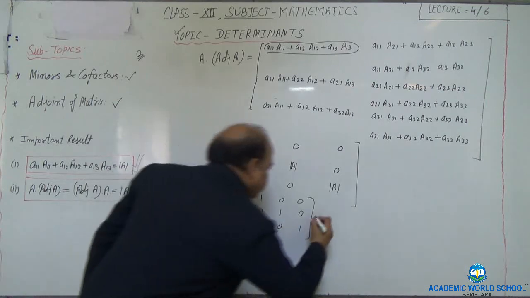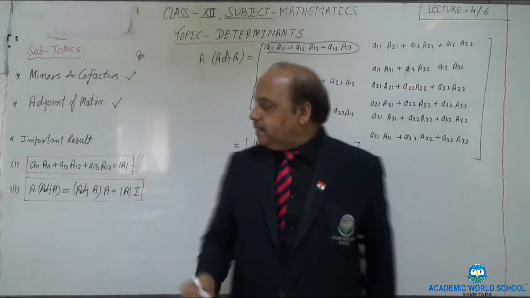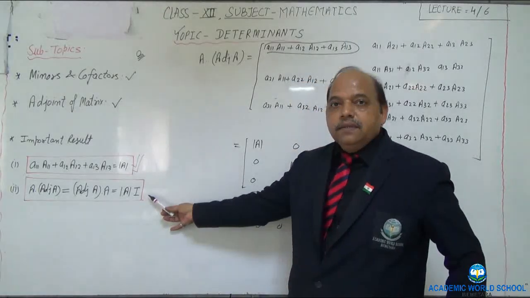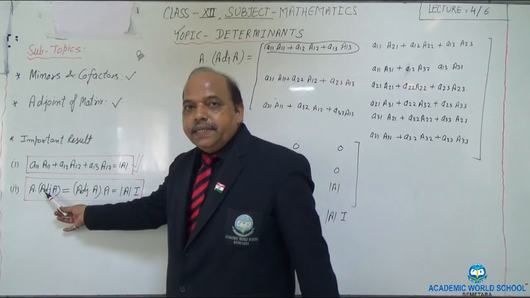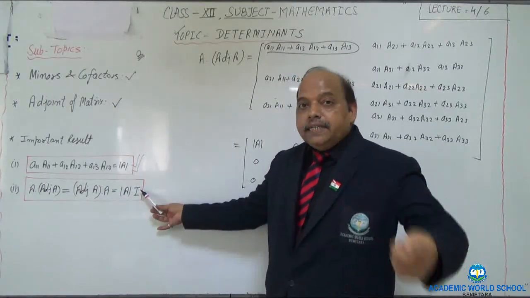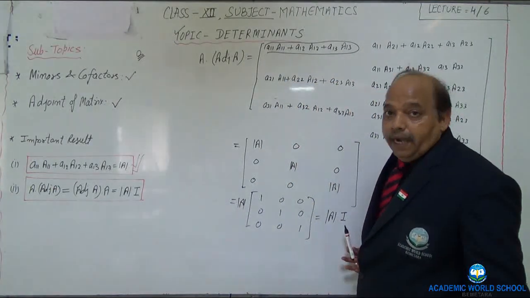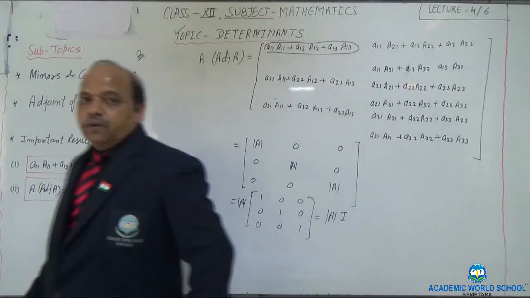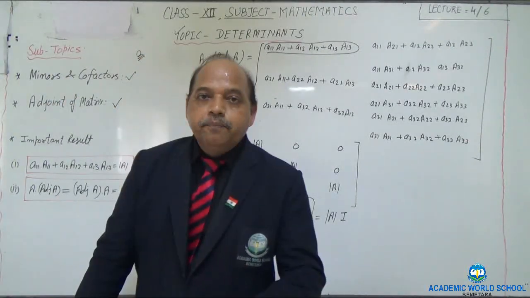So can I write this as determinant A multiplied by I? Check what the result was. It says if you multiply A by adjoint A, it leads to determinant A multiplied by the identity matrix of the corresponding order. Fine?